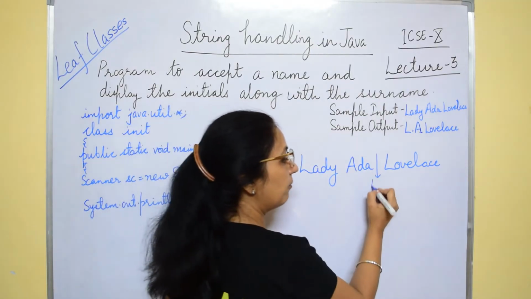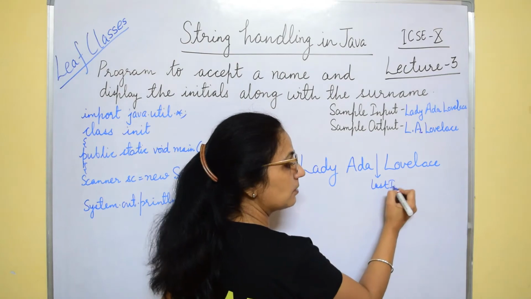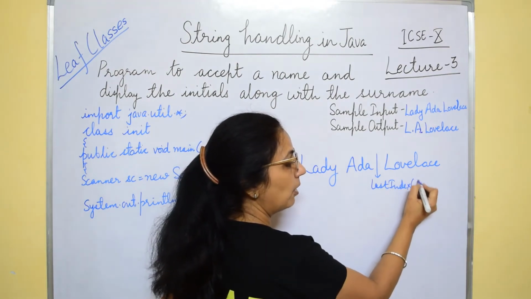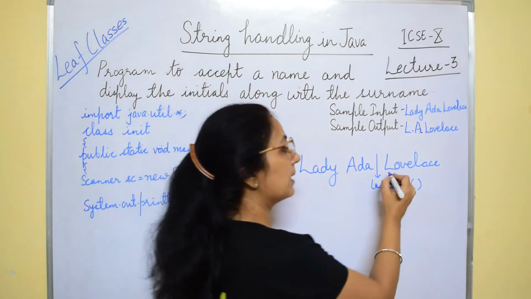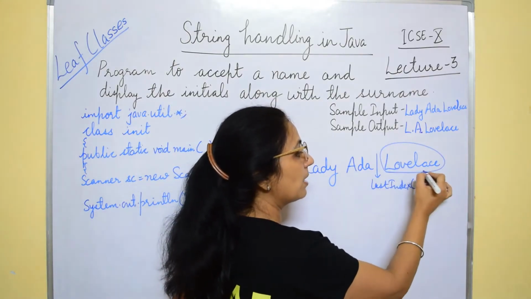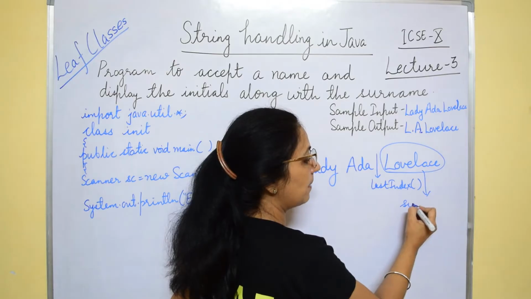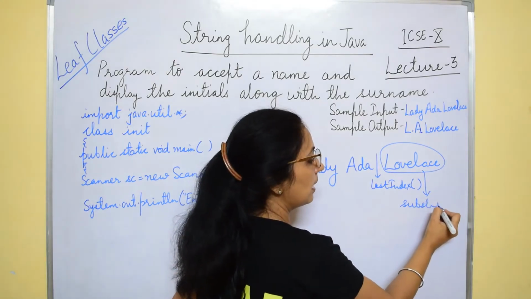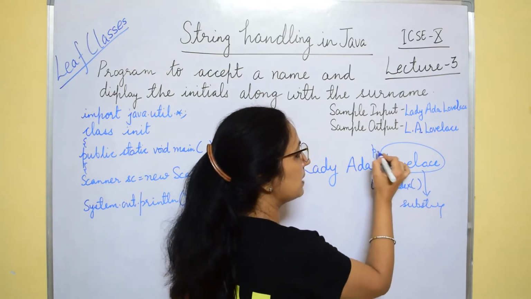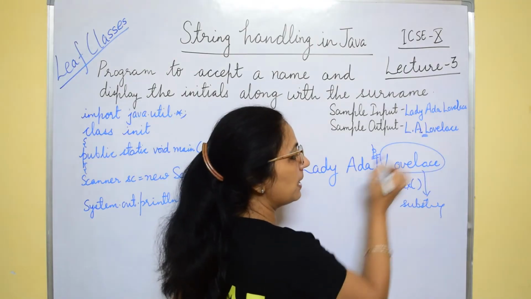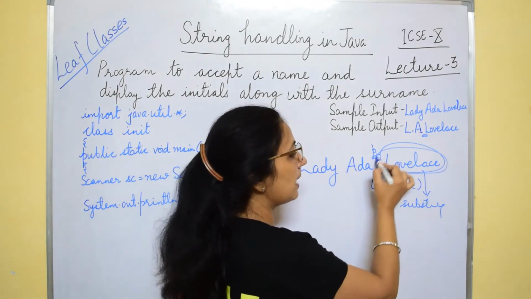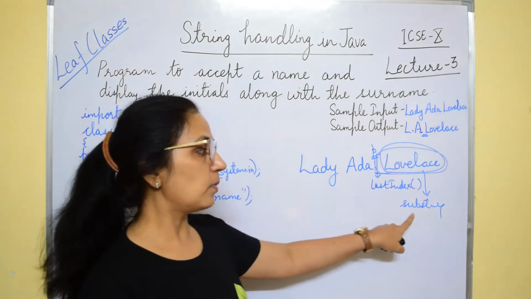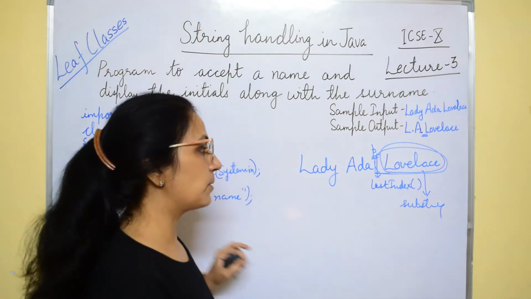This we can find using the lastIndexOf function, which we have already done in a previous video, and then you will extract this part of the string using the substring function. Say here if space is there, I want to print the space also here. So from this position till here, all the characters will be extracted using substring.